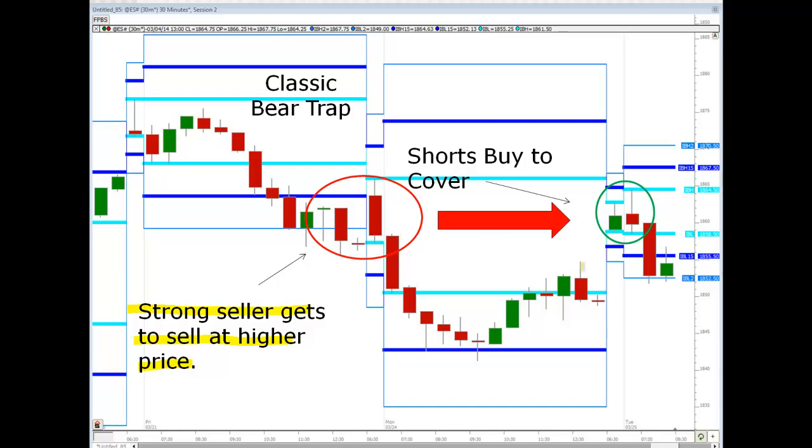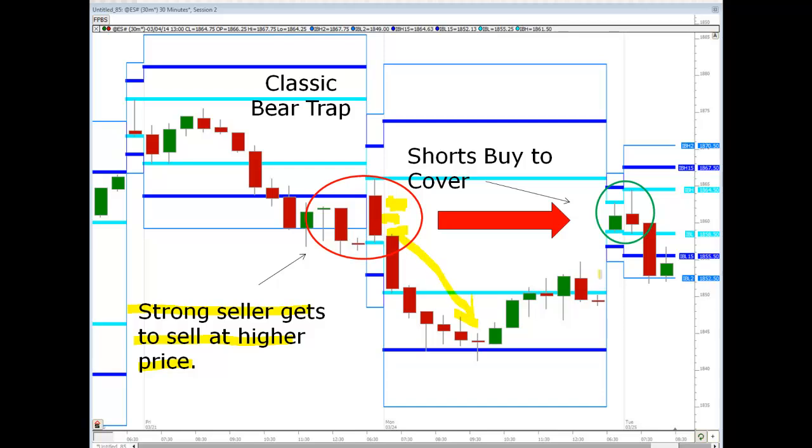It gives them an opportunity to sell at a better price. So they allowed prices to rise higher, and this usually happens in the evening session on fairly low volume. Prices come up here, but the seller is still alive and well up here, and we saw their impact on the market from the preceding drop the other day.